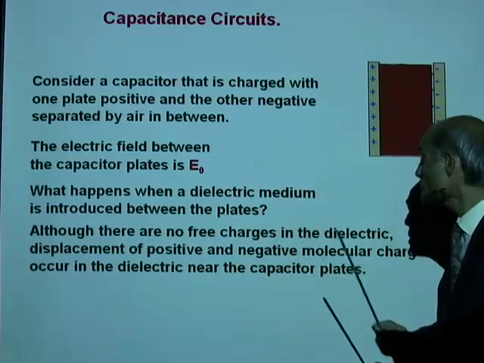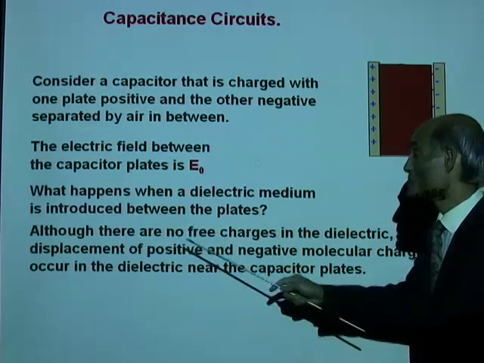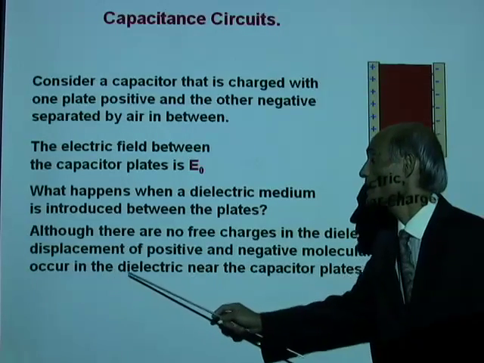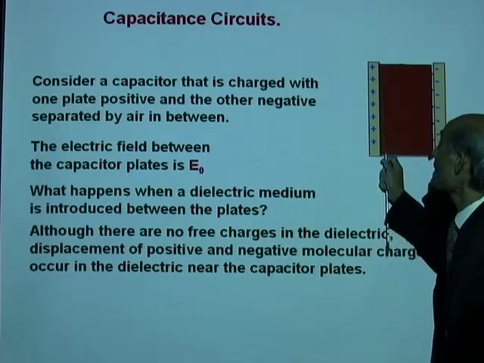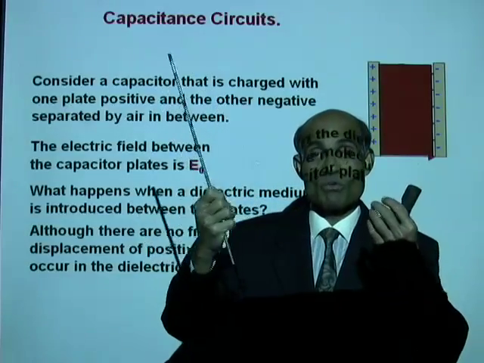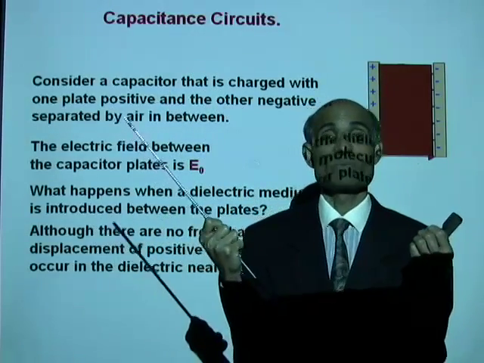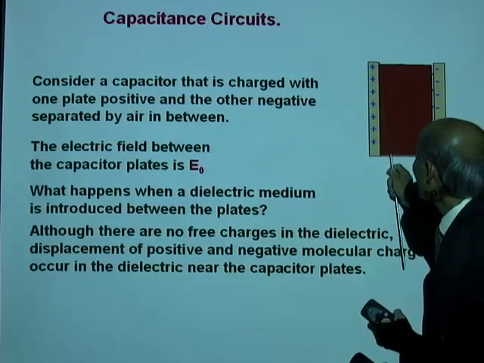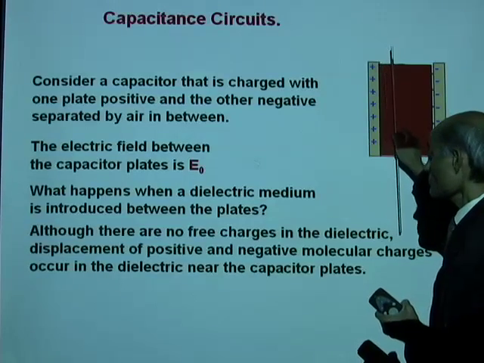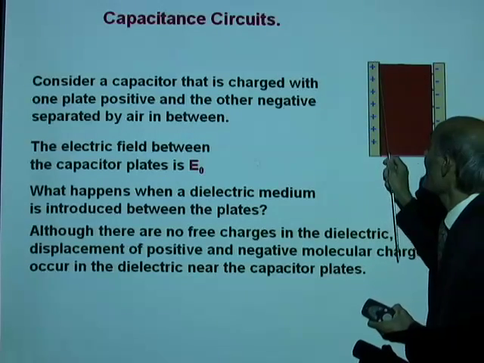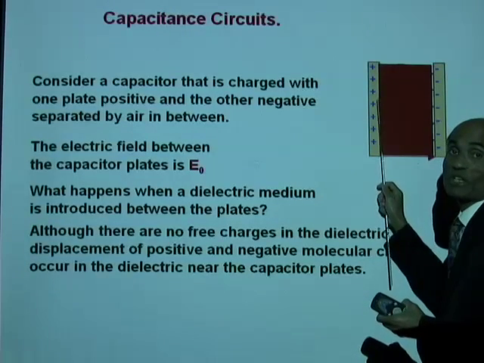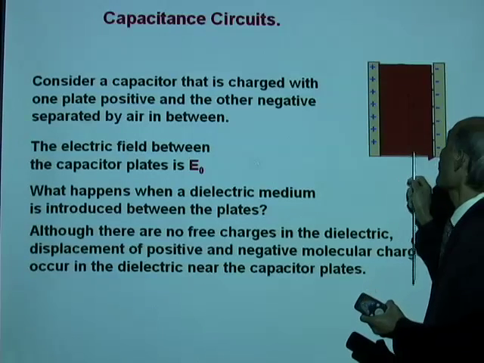Although there are no free charges in the dielectric, displacement of positive and negative molecular charges occurs in the dielectric near the plates, so that polarization can happen. The atoms and molecules near the positive plate will orient in such a way that the negative charges face the positive plate and the other end faces the other way.